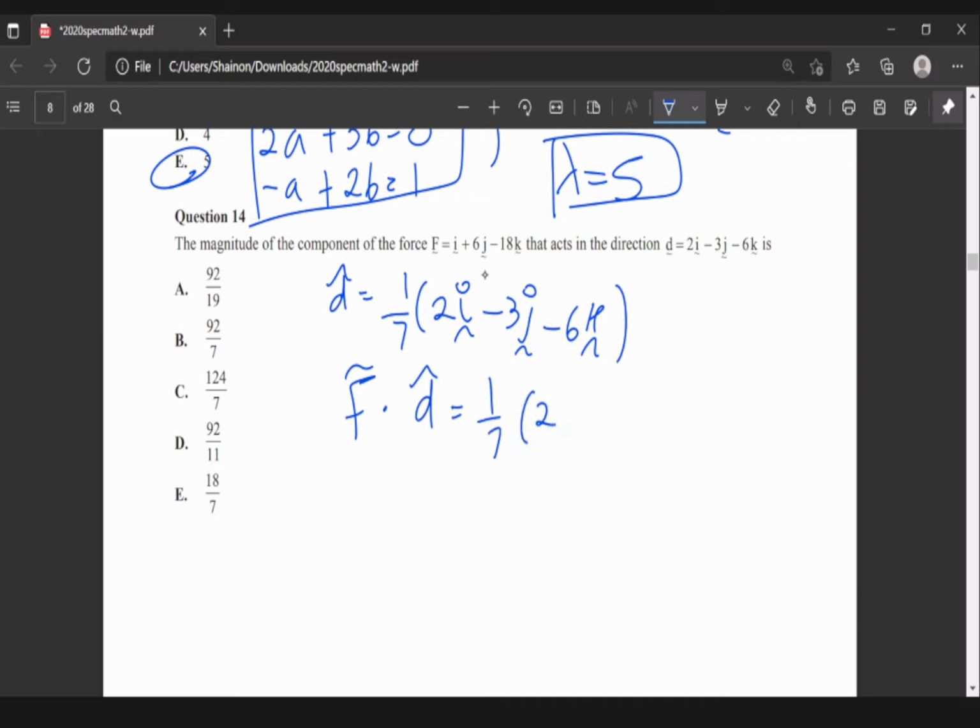I think it's on the vector menu, to find the dot product. 108. So you just find the unit vector, and then the dot product with the unit vector, and it's going to be 92/7. That's B.